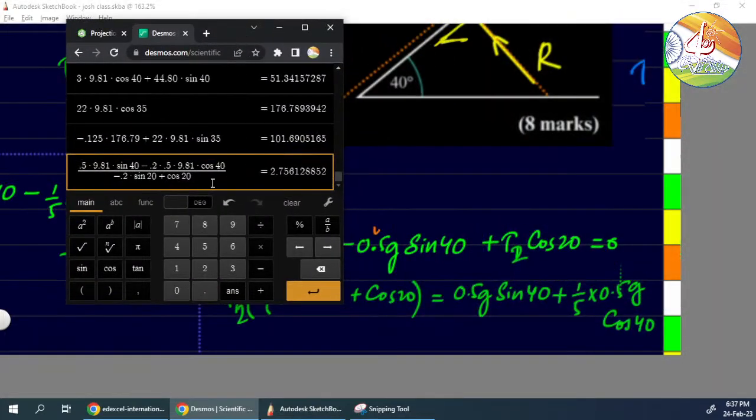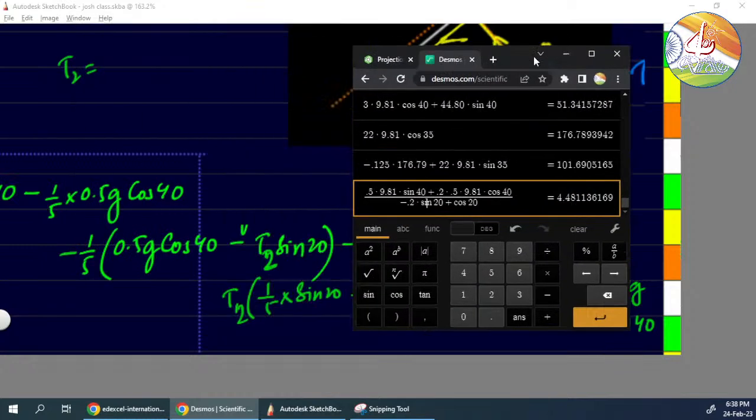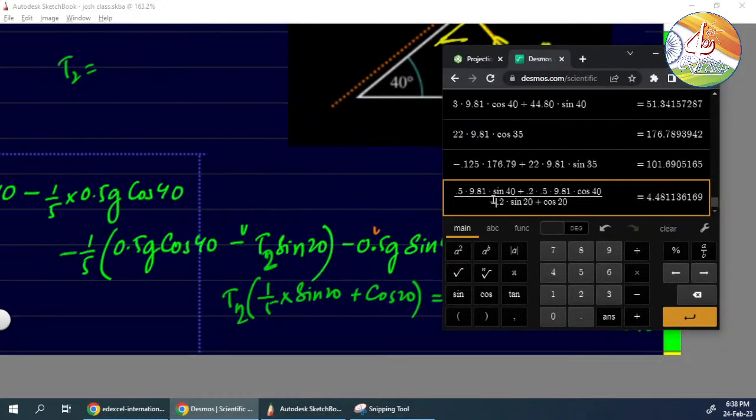On the right side everything is positive, so this minus becomes plus, and in the denominator also everything is positive, so this negative will go away. So we are getting 3.87.